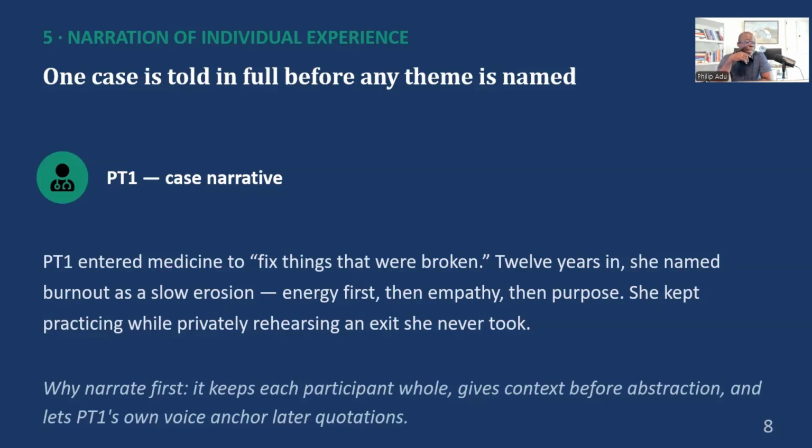If you're using IPA, it's recommended that you share individual unique experience before you talk about the overall experience. One way is to just write a paragraph or two for each of them so that your audience will better understand each person's experience, or how you make sense of their experience, before you talk about the overall experience.